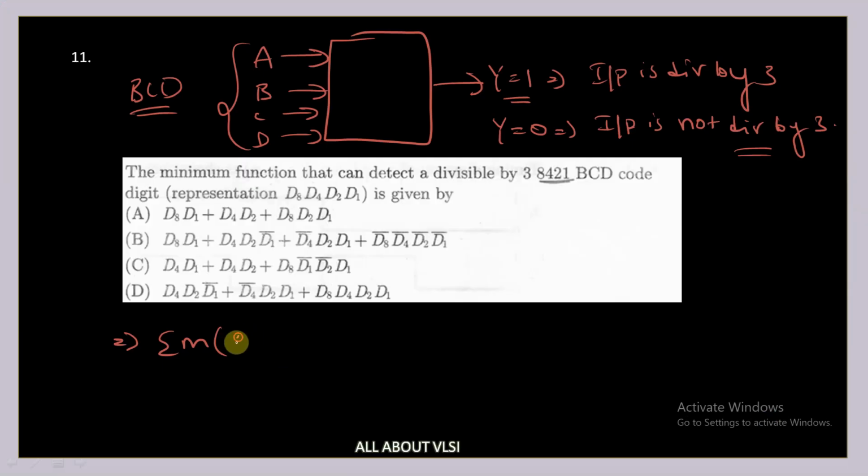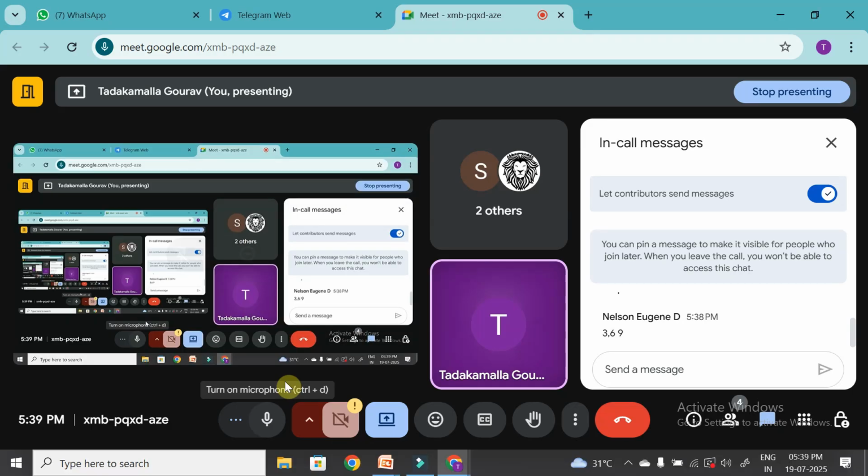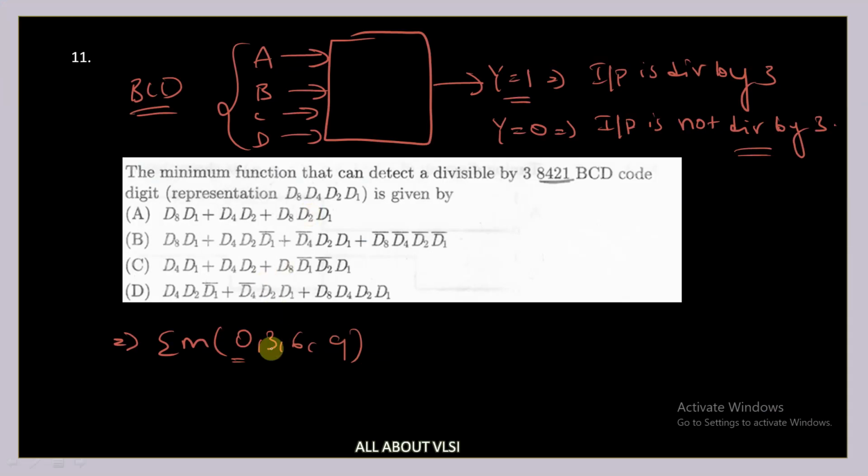Is it 369 or is it 0369? 0 is also divisible by 3. Okay. The minterms are 0, 3, 6, 9, not 3, 6, 9.